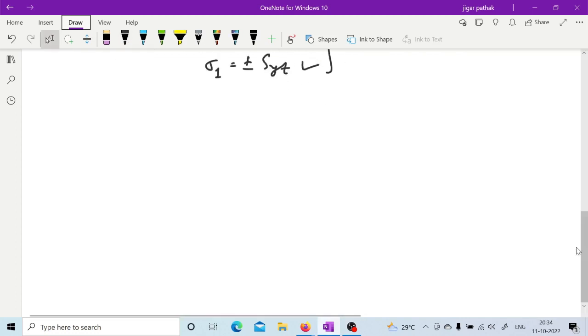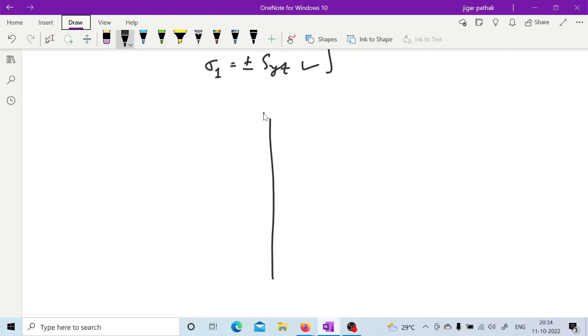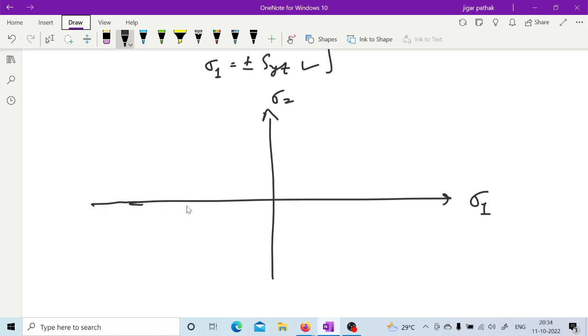If I plot sigma 1 and sigma 2, then sigma 1 is equal to plus or minus SYT, and sigma 2 is equal to plus or minus SYT, similar to the maximum principal stress theory, which is going to give the first, second and third quadrants. In the second and fourth quadrants, it is going to follow a different equation, this envelope.